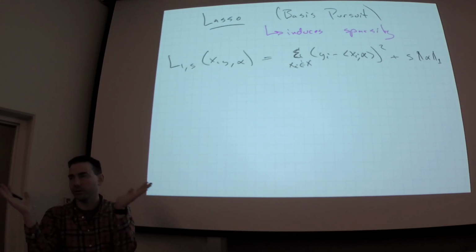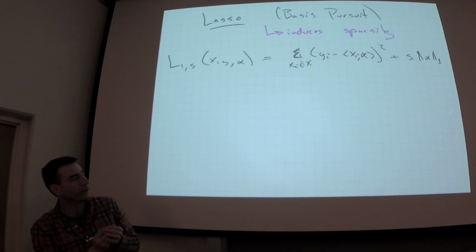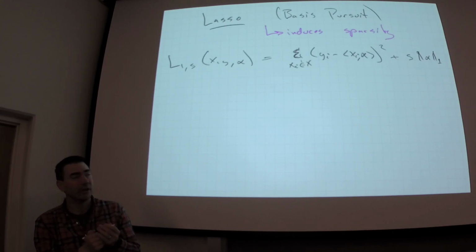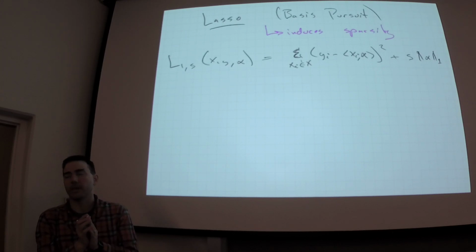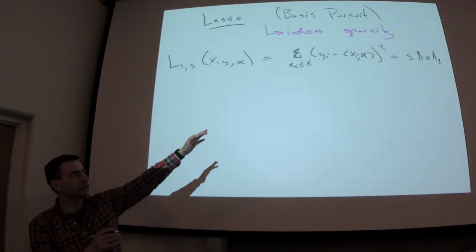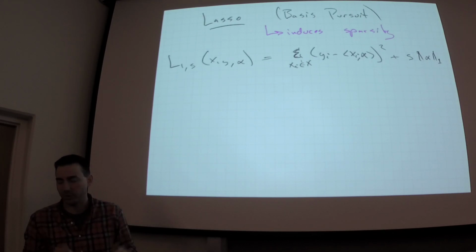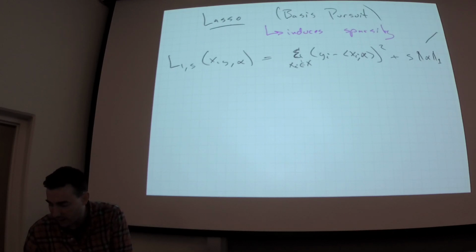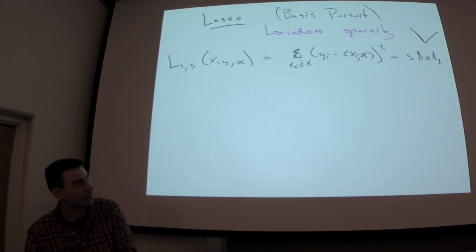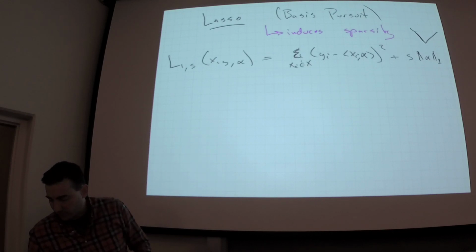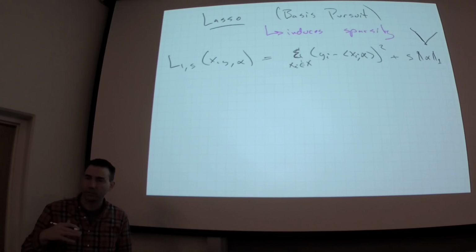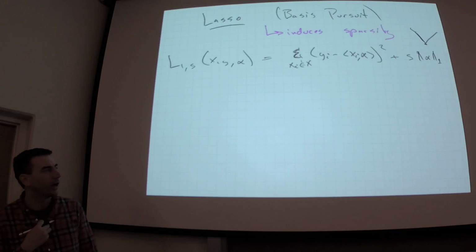If you're familiar with gradient descent techniques, because it does not have a continuous first derivative, this will cause some issues with doing the gradient descent. Turns out you can usually deal with these. It's pretty simple: you just have the absolute value, so the derivative is only non-zero at certain points, and you can generally work around these.